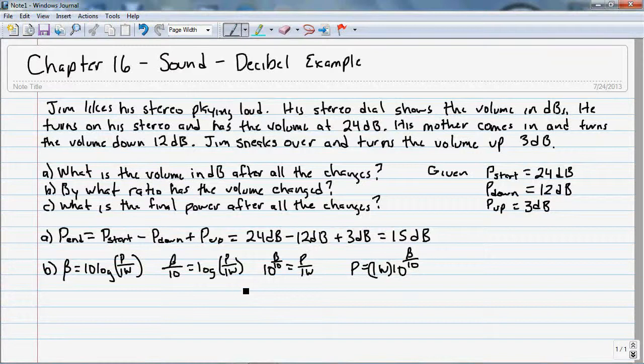So we can calculate our starting power. We already know the formula, so let's just put in the power of the start, and that's equal to 1 watt times 10 to the 24. It starts out at 24 decibels.